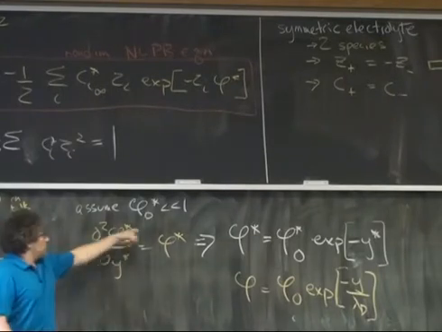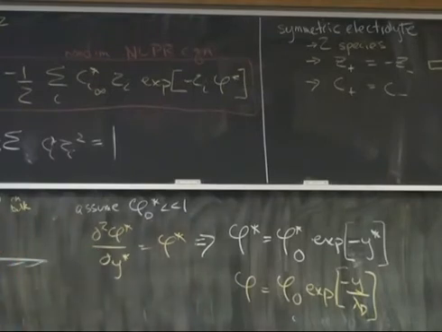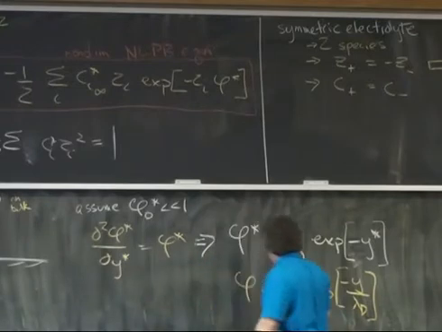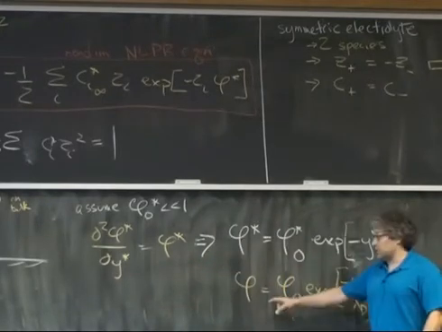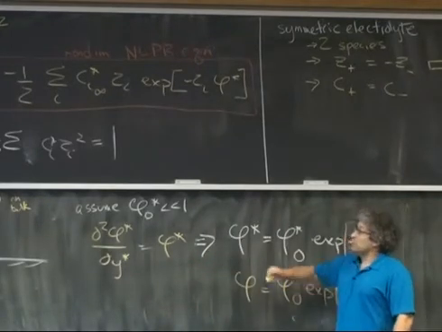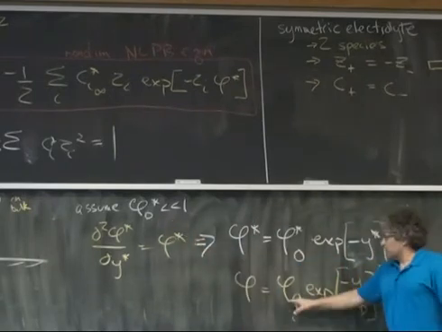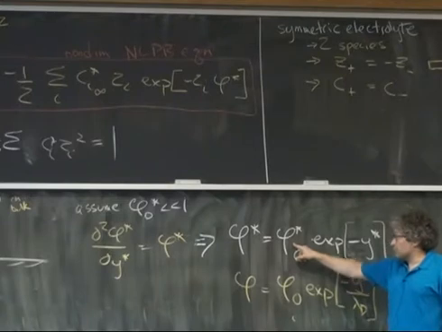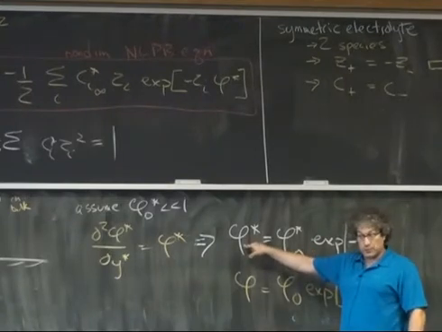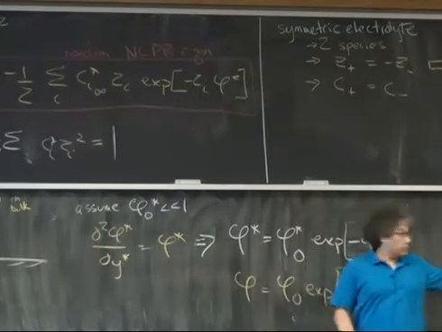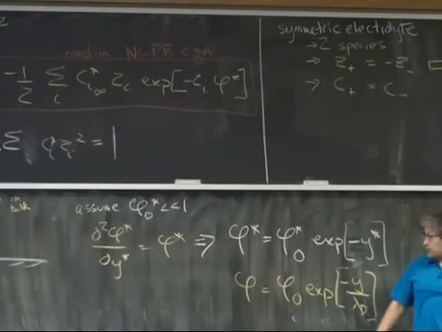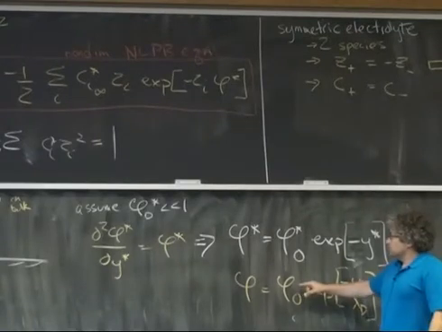Now, admittedly, this only works if I assume that phi naught star is much, much less than 1. From the form of this equation, if phi naught star is much, much less than 1, this also will be much, much less than 1 everywhere, which is technically what's required to make this form of the equation correct.